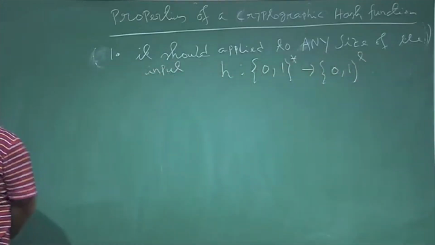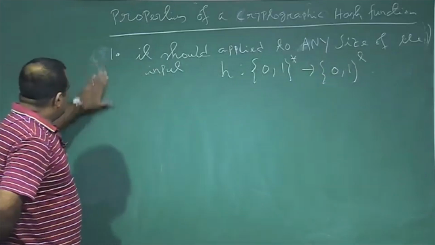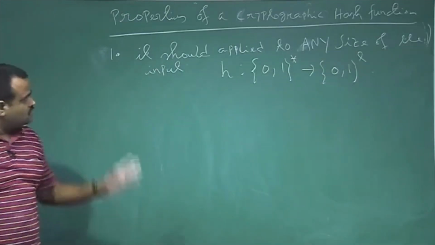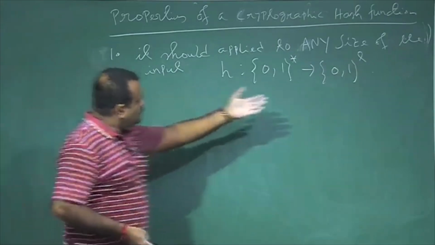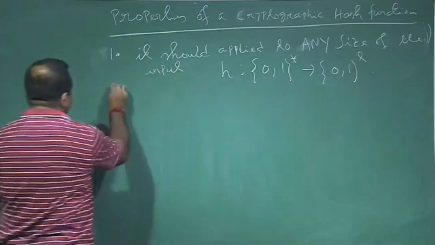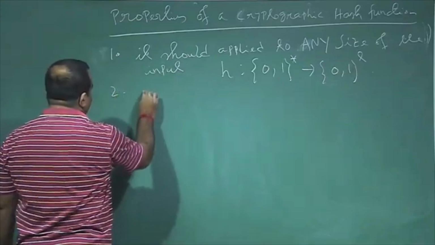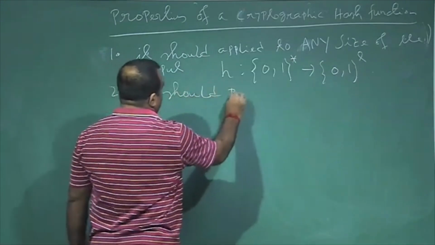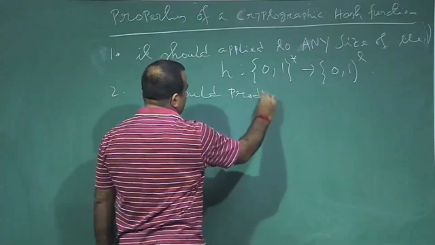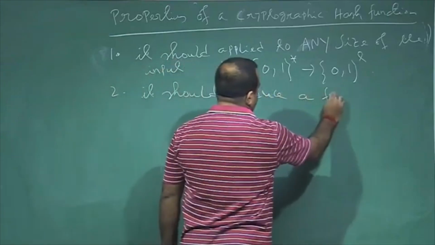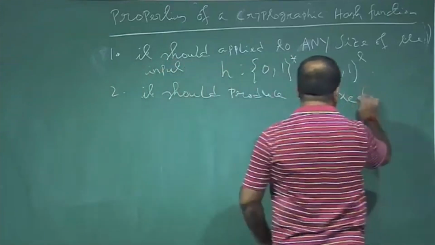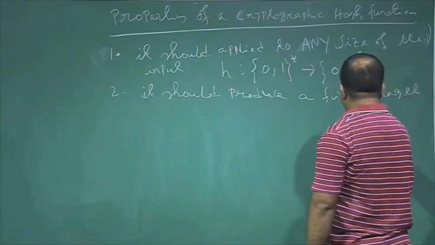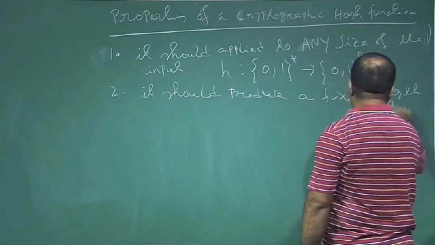So, it should be applied to any size input, and it should give a fixed size output. Any size input, and it should produce a fixed length output, that is L, say.